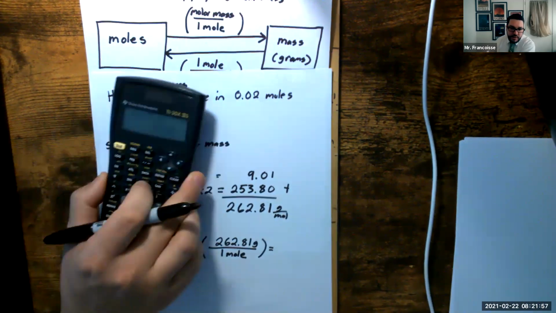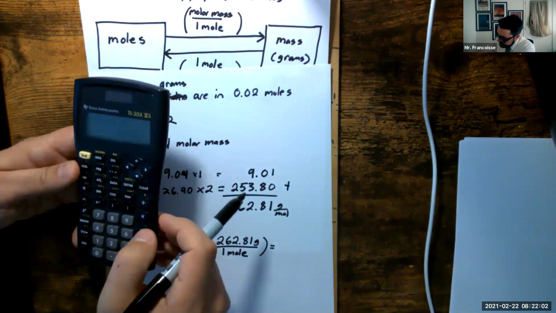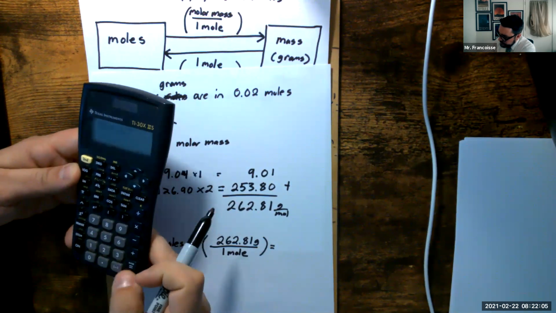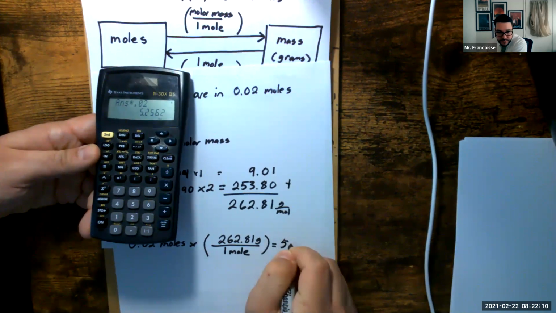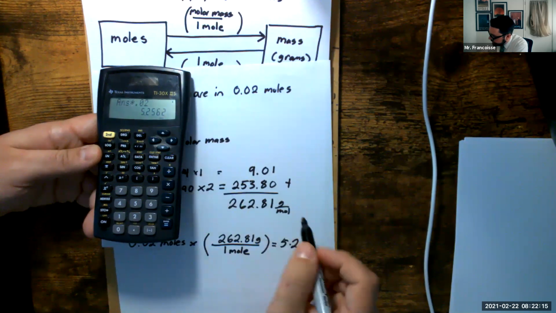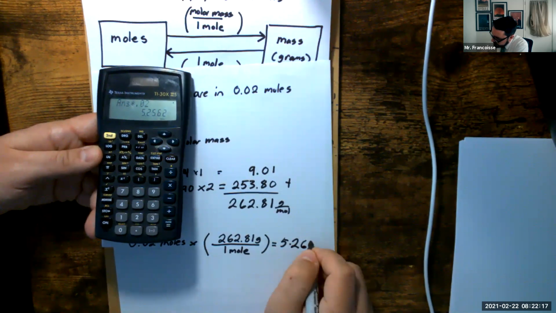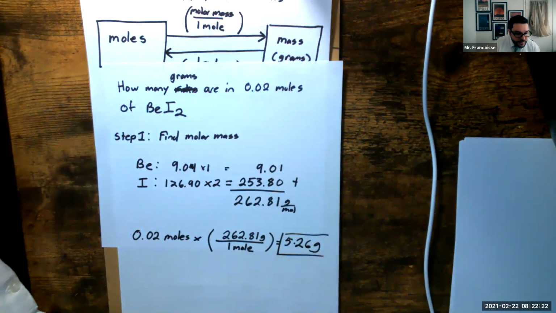So here we already have the number in our calculator, so we're going to multiply by 0.02. We should get 5.2. We're going to round this, the 6 rounds up, grams. It's all good.